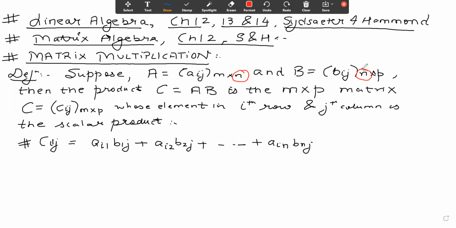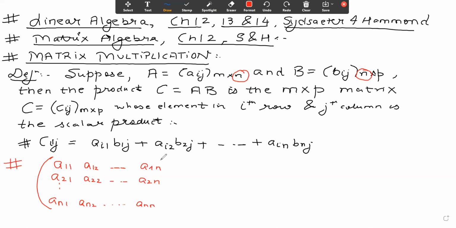That is one thing. Second thing is, suppose my matrix A looks like this on the screen. This is A11, A12, A1n, A21, A22, A2n, and this is AM1, let me correct myself, guys, AM2, and AMN.